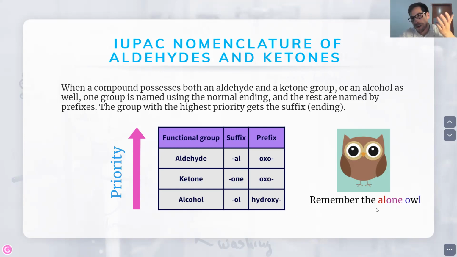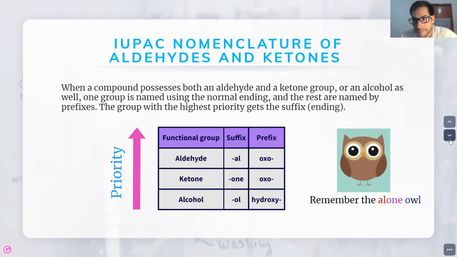Okay, so it works for me, maybe it can work for you. So again, you identify the group with the highest priority, and that group will have the ending, or you will have to use the suffix in the name, and the rest of the functional groups will use the prefix, okay, not the suffix.